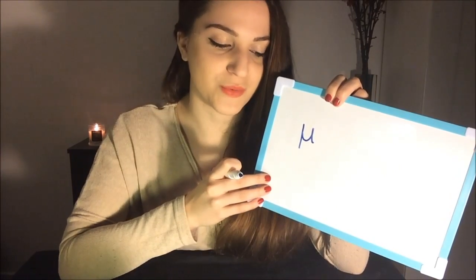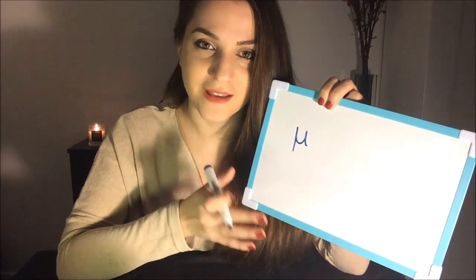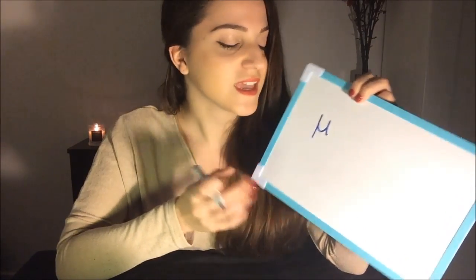In scientific notation, we use mu for the prefix micro. Did you listen before that I said micro, micro, small? That's where it comes from.